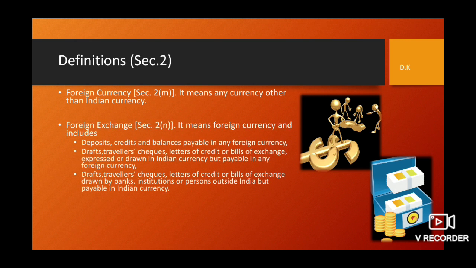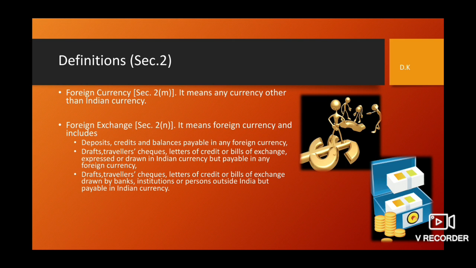Next, the foreign exchange, Section 2, subsection N. It means foreign currency, and it also includes deposits, credits, and balances payable in foreign currency, and drafts, traveler checks, letter of credit, bill of exchange expressed or drawn in Indian currency but payable in any foreign currency.